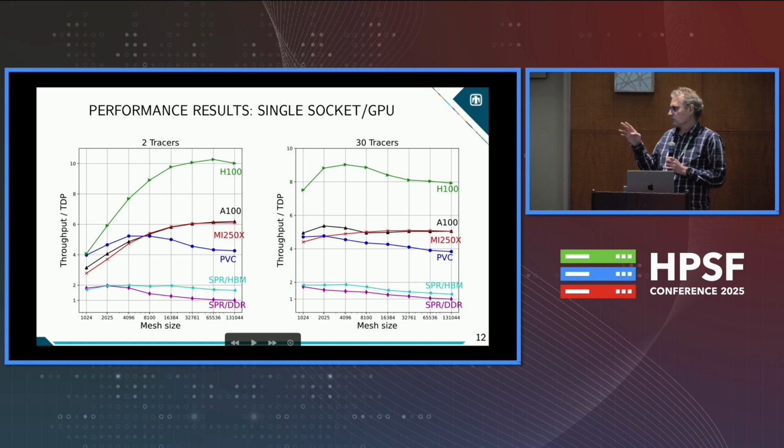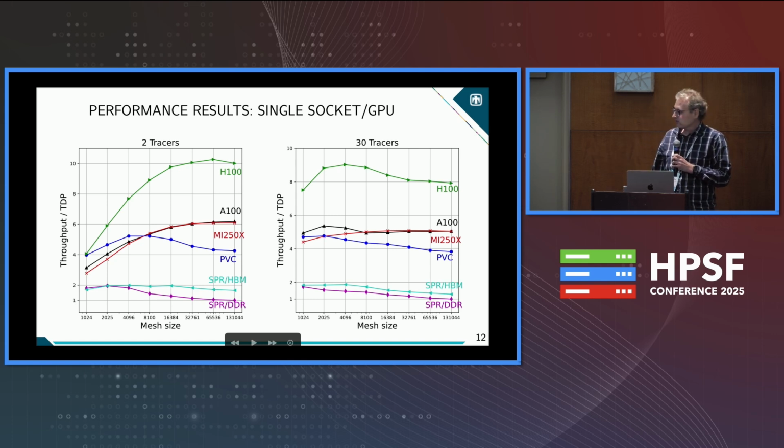And I use both DDR and HBM memory. So that's in magenta and cyan. Then in blue are Intel GPUs on Aurora. In red are MI250X on Frontier, and in black A100 on Perlmutter. Those 2 curves nearly overlap. And then in green, H100 on a testbed at Sandia.